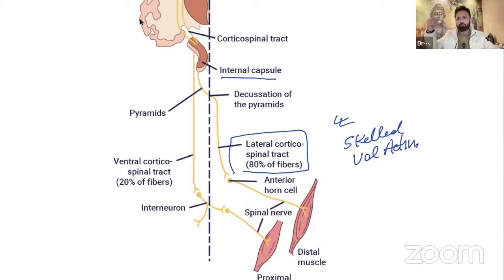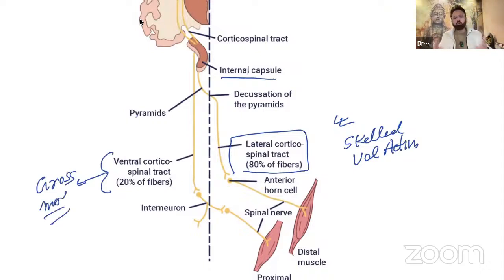Suppose I am writing, or you are doing some surgery, this is due to the lateral pyramidal tract, because the 20% ventral is only for gross movement, or you can say for posture. So please remember, all pyramidal tracts are not for skilled activity, only those that cross, the lateral corticospinal tract.